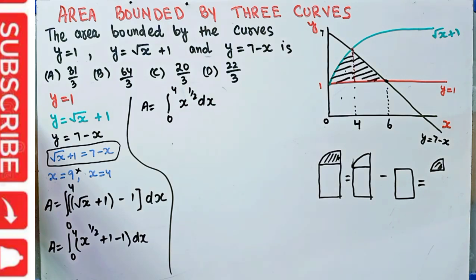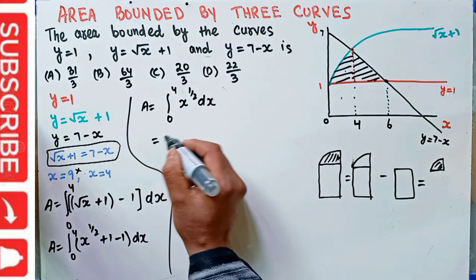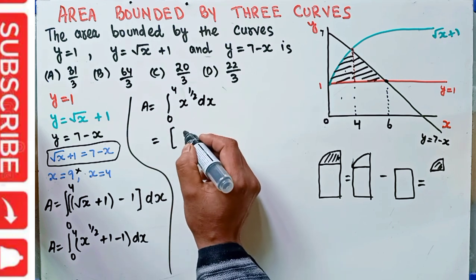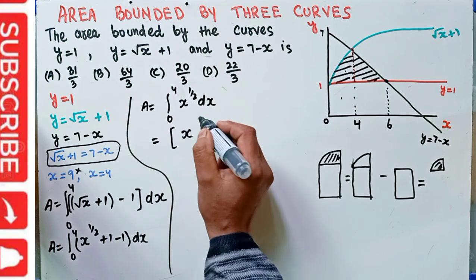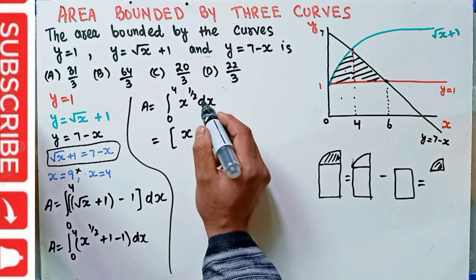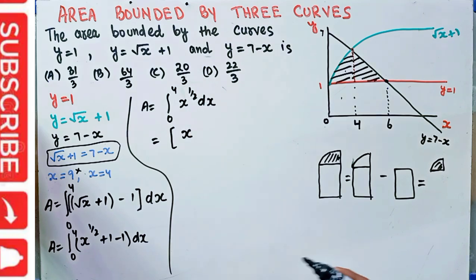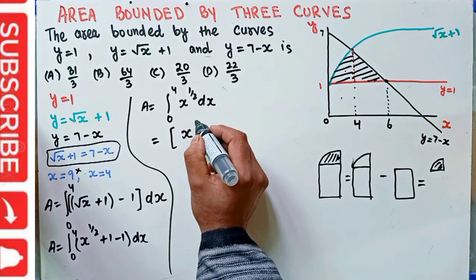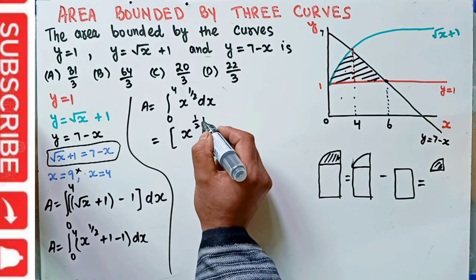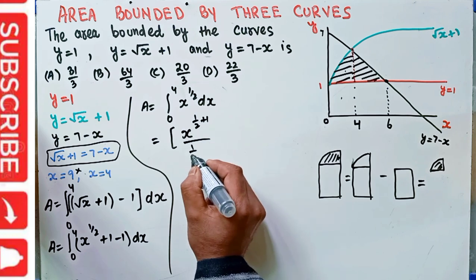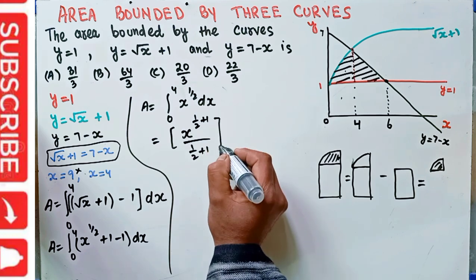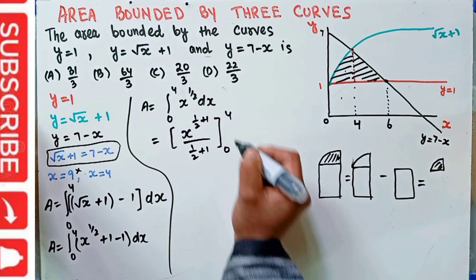Okay, let's take the integral now. So we have x to the power 1 upon 2, it can be written as x to the power 1 upon 2 plus 1. Using the power function rule of integral, the exponent is increased by 1, so it will become x to the power 1 upon 2 plus 1 divided by 1 upon 2 plus 1, and we evaluate it from lower limit to upper limit.